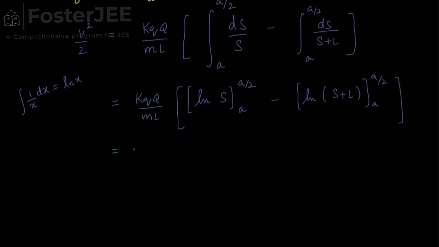Now solving further, this becomes KQq by ml, ln 1 by 2 minus ln of a by 2 plus l upon a plus l.